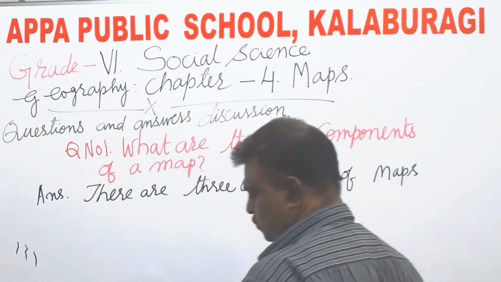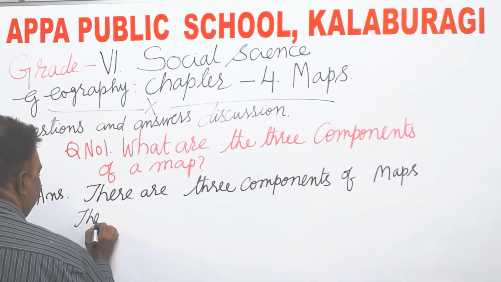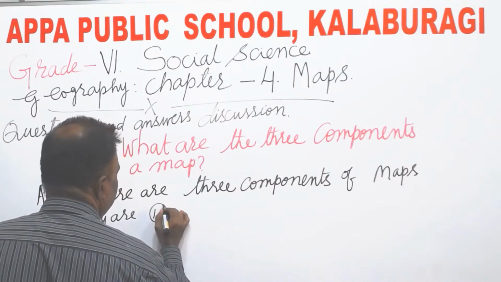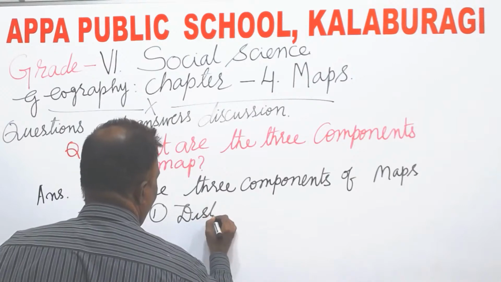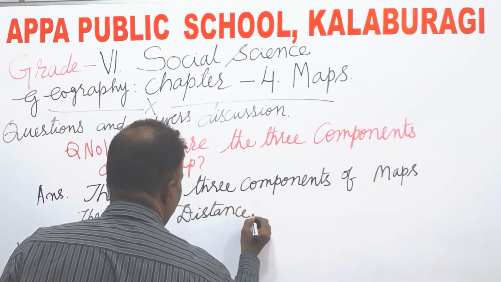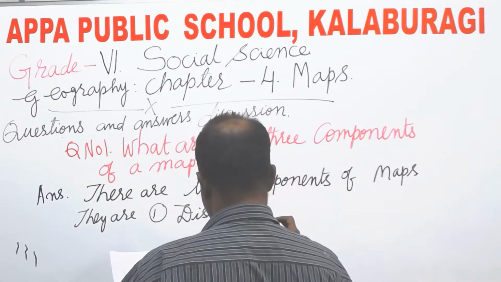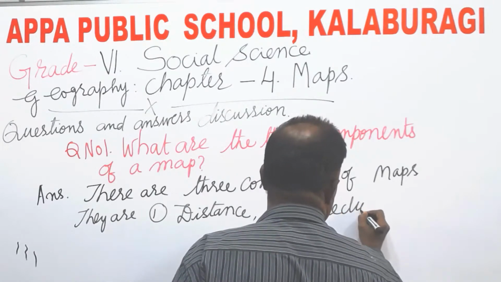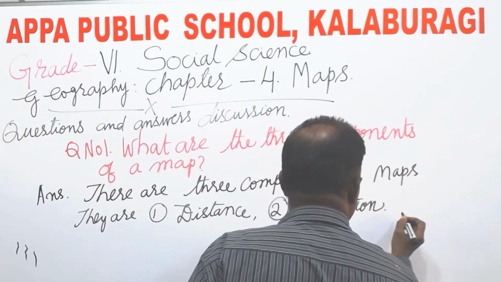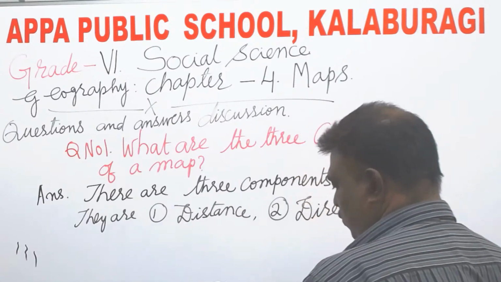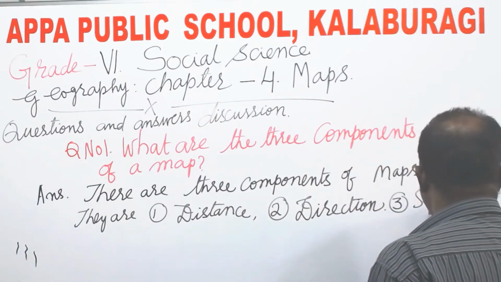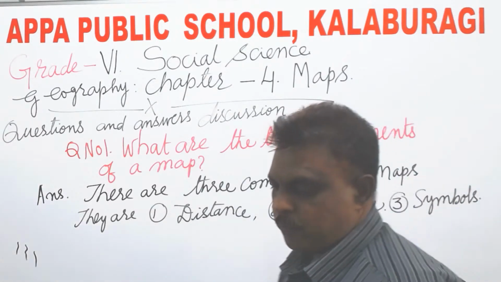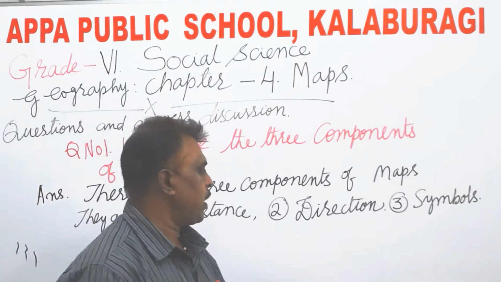They are: one is distance, second one is direction, and third one is symbols. Right? So let me go through them briefly to understand.